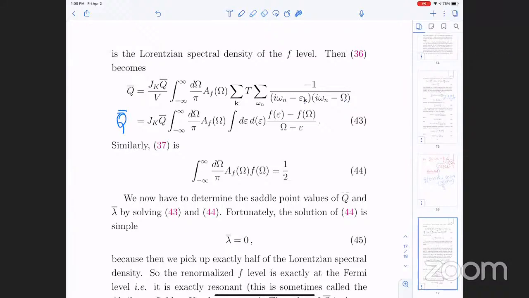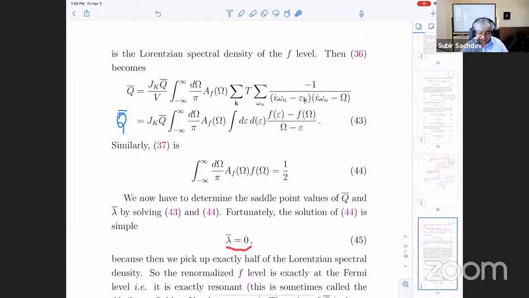Well, there's this lambda bar. Once you're writing it in terms of free fermions, it's just telling you that there's a particle hole symmetry, that the site has exactly 1 electron at all times.